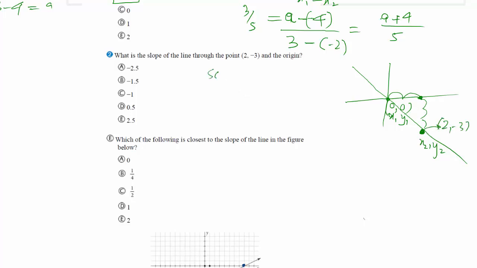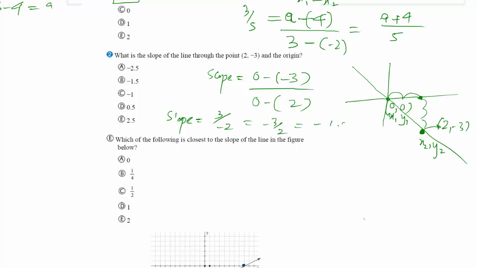So we'll be having slope as y1 minus y2, y1 is 0, minus y2, y2 is -3, divided by x1 minus x2, which is 0 minus 2. So slope is equal to 0 minus -3, that'll be 3, divided by -2, or -3 by 2, or -1.5.